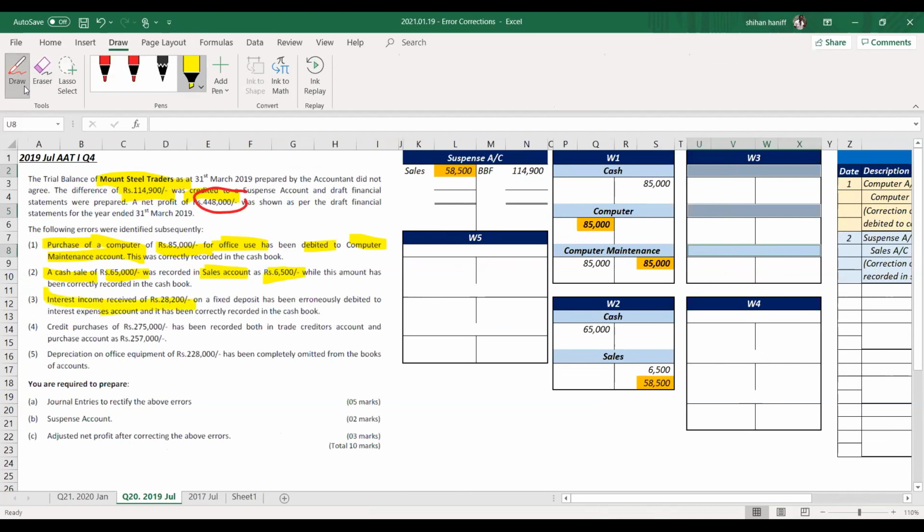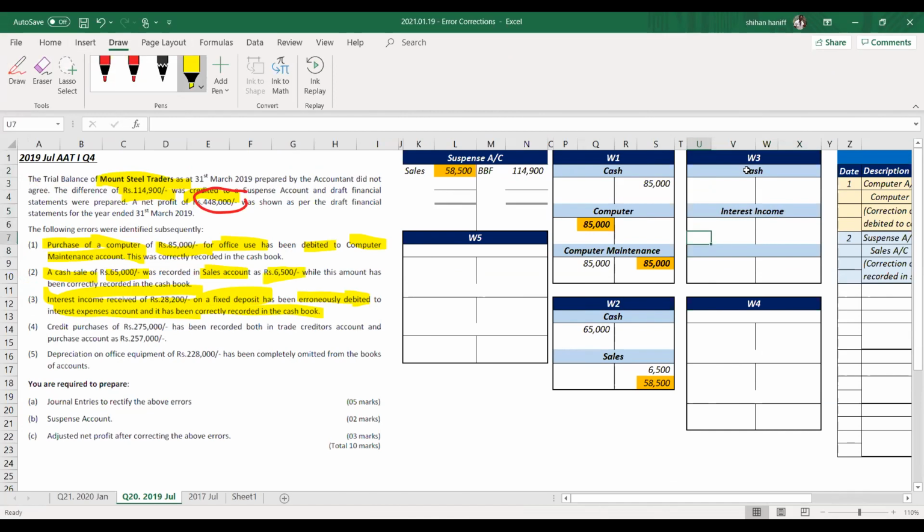Interest income received 28,200 on fixed deposit has been erroneously debited to interest expense account, and it has been correctly recorded in the cash book. So when we receive interest, double entry is cash account debit, interest income account credit.